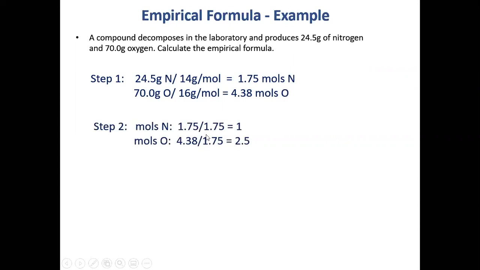We divide by the smallest number of moles, and now you notice that one of them is not a whole number. And if it's 2.5, you can't round to, say, 3 or 2, for example. So you may ask, how do I know whether to round or not to round?